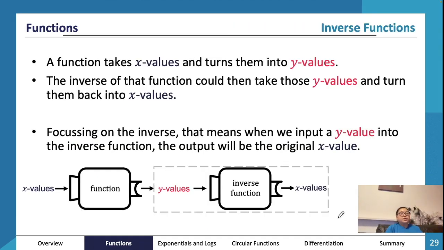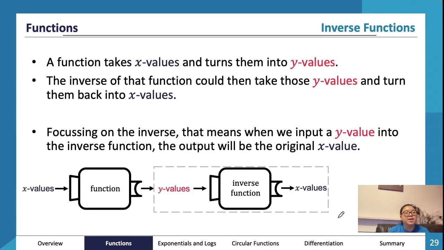Okay, so how we actually make an inverse function is we take a function that takes x values and turns them into y values, and then we can take those y values and turn them back into the exact same x values.